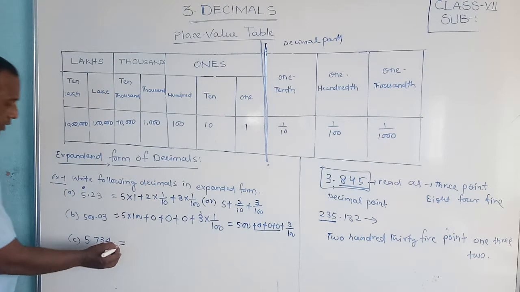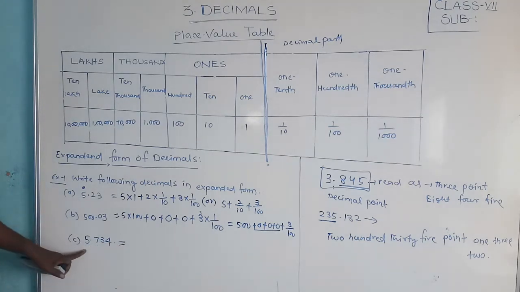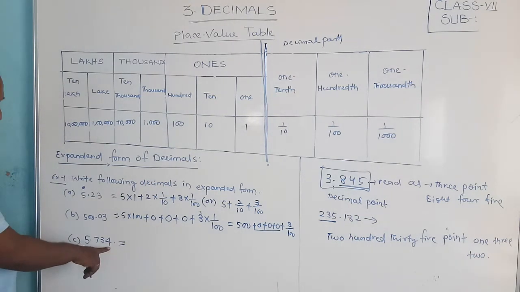Friends, next we can go for this. You read this question: 5.734. So 5 is ones place. This is 1/10, this is 1/100, this is 1/1000.